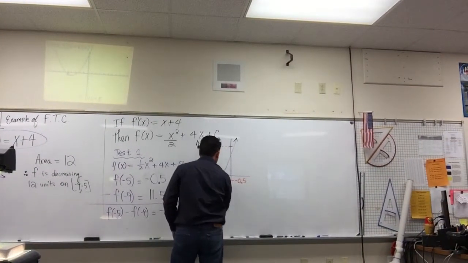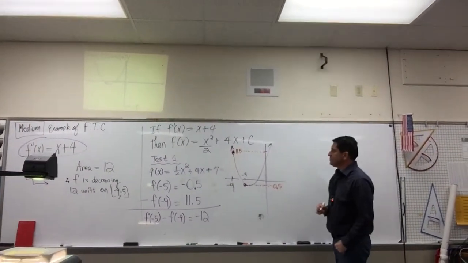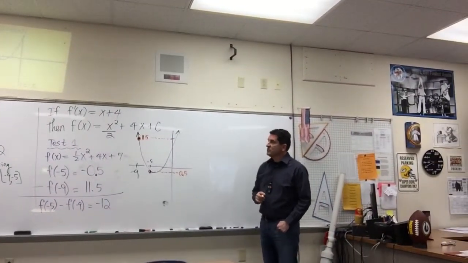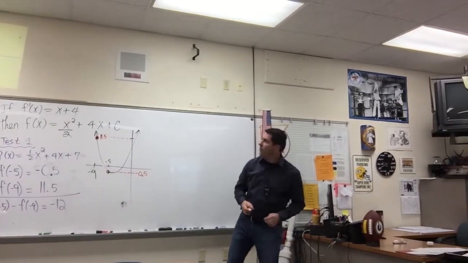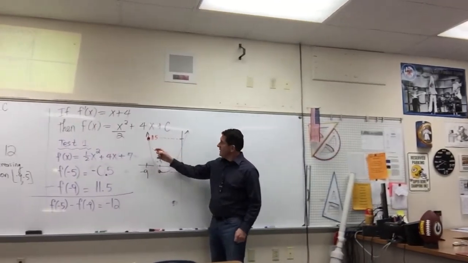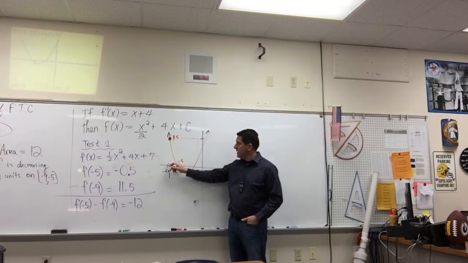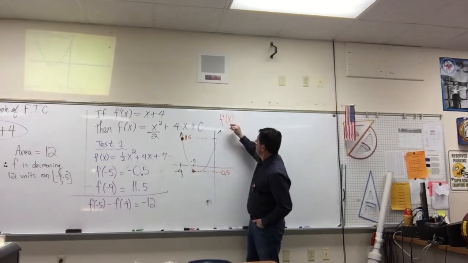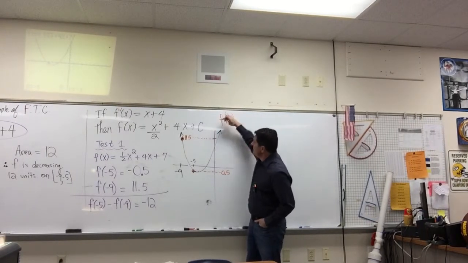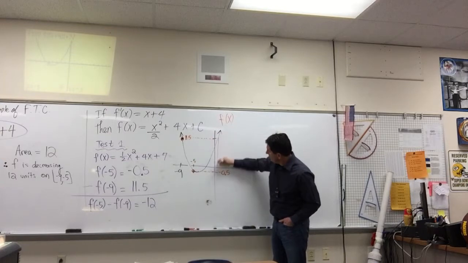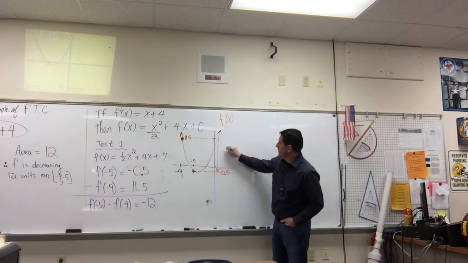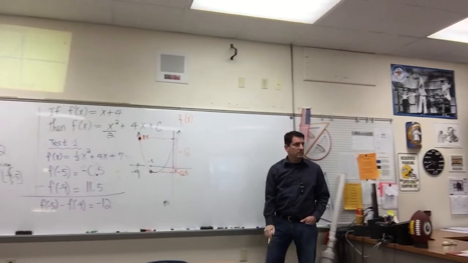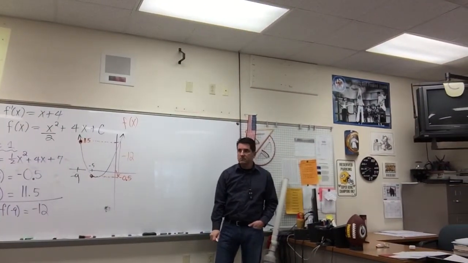That's where those two match up. So it's clear from here that on the interval from negative 9 to negative 5, the f of x function decreases a total of 12 units. See what I'm saying?